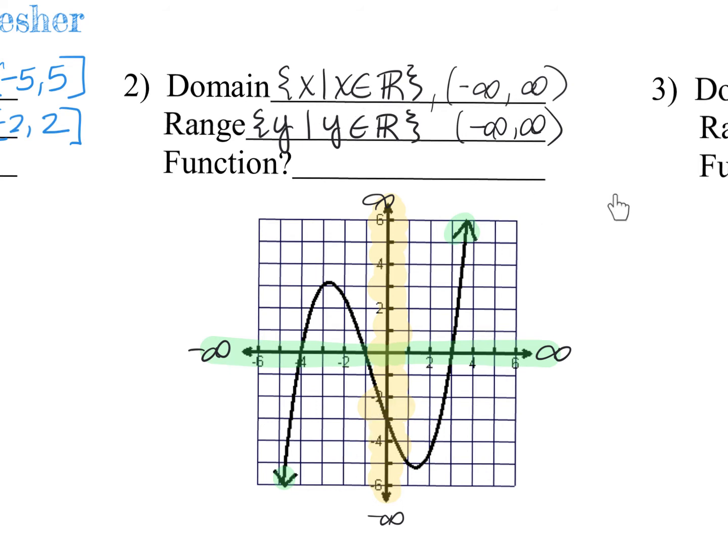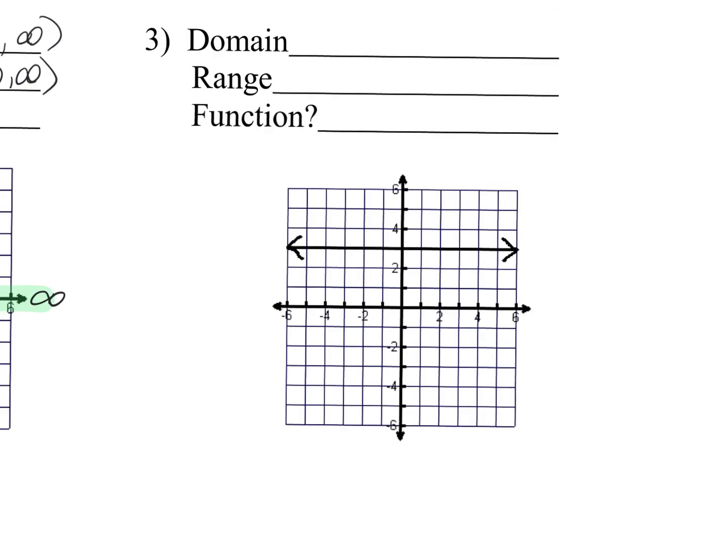Let's try another question. All right, so as I look at domain on this, I'm going to be using my highlighter again to just collapse it down to the x-axis. And I'll notice that it's covering everything on the x-axis in both directions for infinity forever, right? This is positive infinity, this is negative infinity.